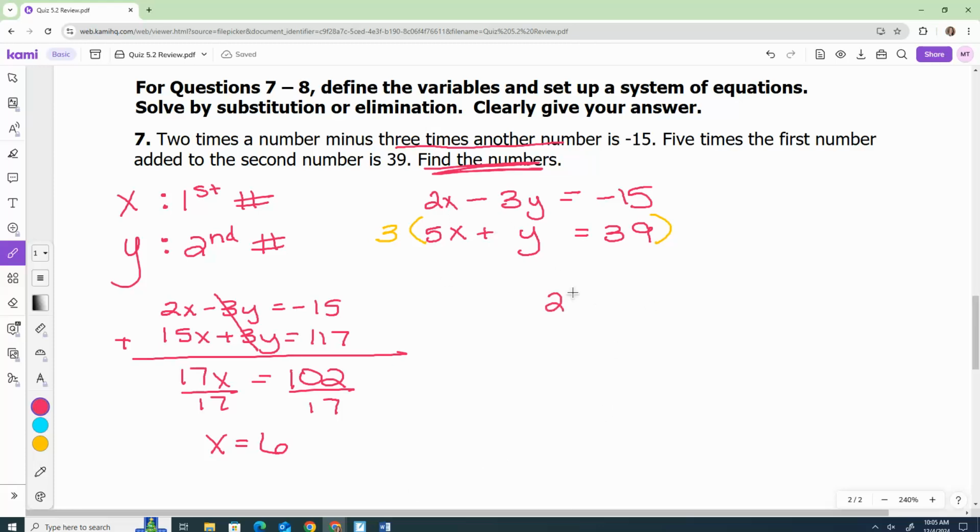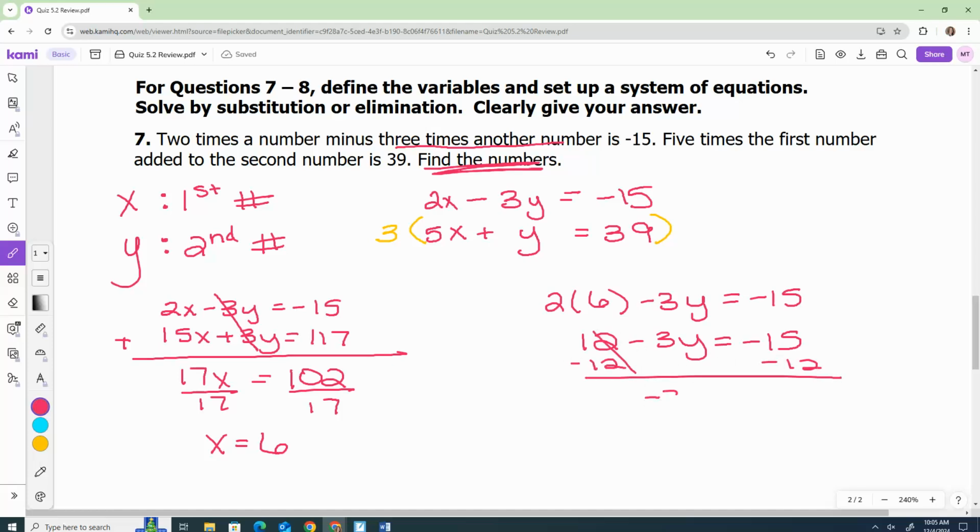If I go with the first one, 2 times x minus 3y equals negative 15. Subtract our 12. Divide by negative 3. And y is 9.